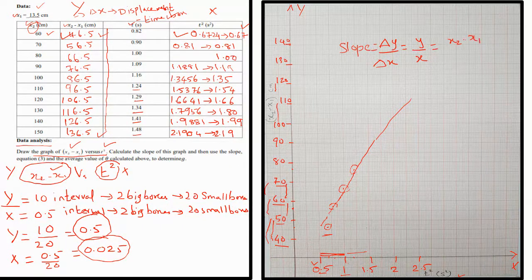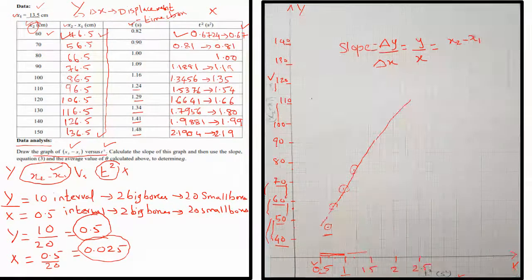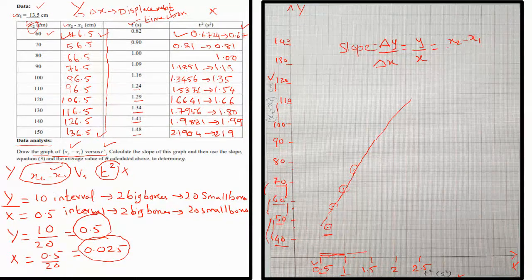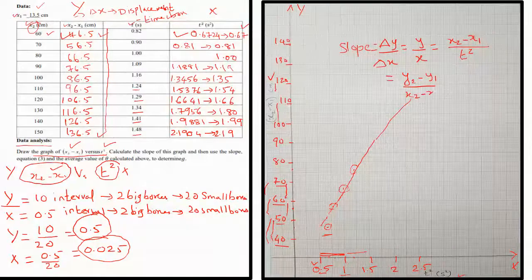What did you take on the x-axis? T square. So my x-axis is t square, my y-axis is this, and we know the formula for the slope is delta y over delta x. That is nothing but y2 minus y1 over x2 minus x1.